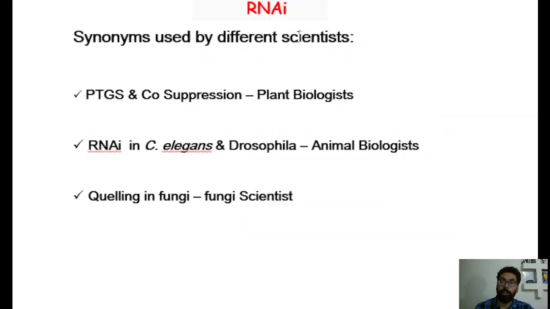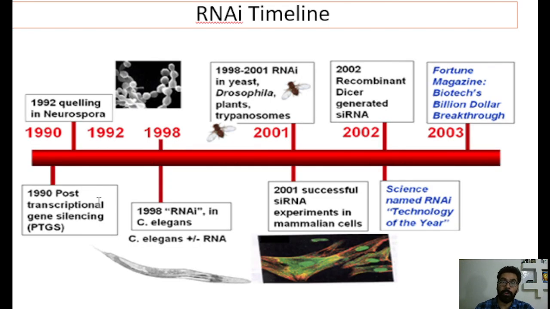Okay. There are some synonyms of RNAi. Plant biologists use post-transcriptional gene silencing and co-suppression. Animal biologists call it RNA interference, and mycologists call it quelling.